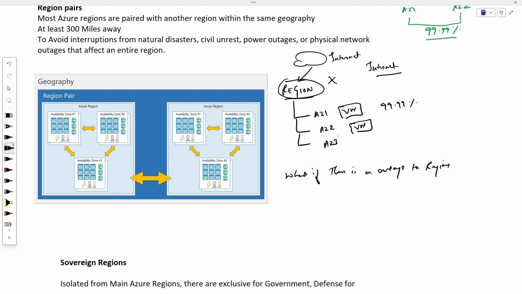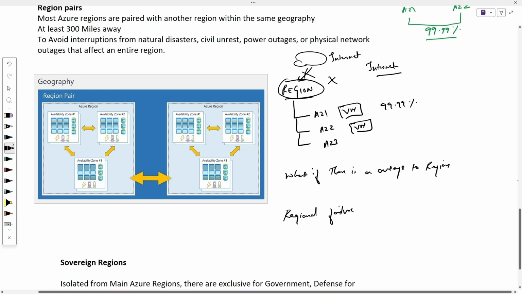If there is an outage, maybe an undersea cable is cut or something has happened, and there is no link to your entire region itself. So this is a complete outage, right? In that scenario, we need to configure our workload or services in such a way that they can withstand regional failure.